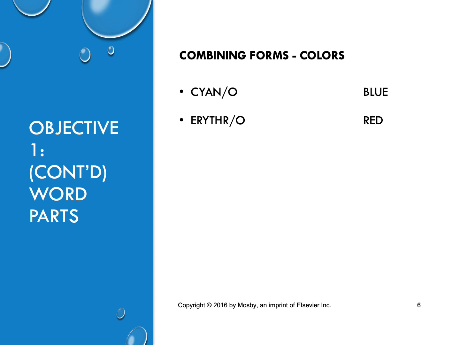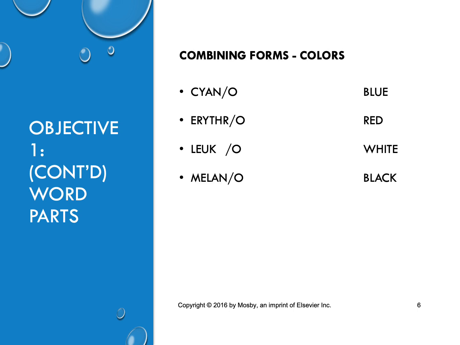Now, erythro is the word part that means red. Think of erythrocyte. Erythrocyte is the word that we use for red blood cell. Now, the word part for white is leuco. Again, the word leukocyte refers to a white blood cell.